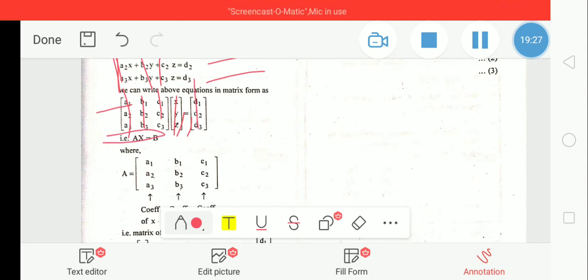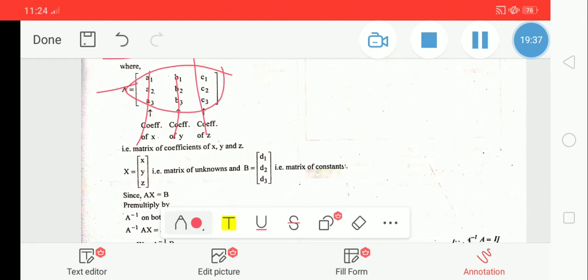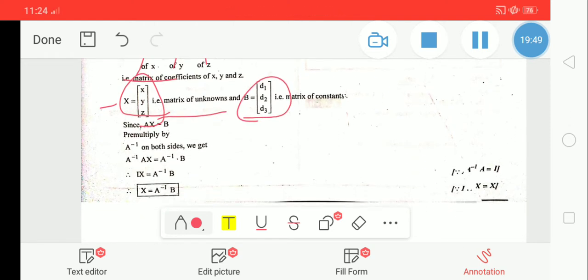We write AX is equal to B. Now here A is the matrix of coefficients of X, Y and Z, and X is the unknown matrix, and B is the constant matrix. So the unknown matrix is X, Y, Z, and we have to find the values of X, Y and Z.